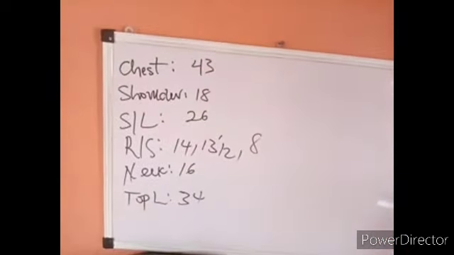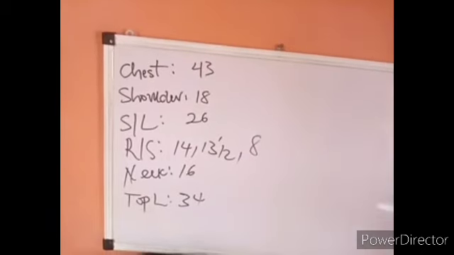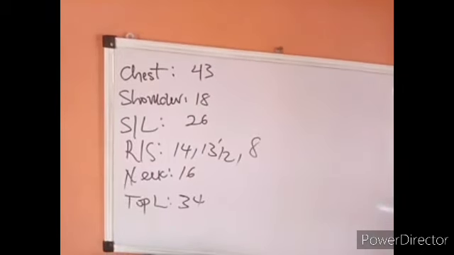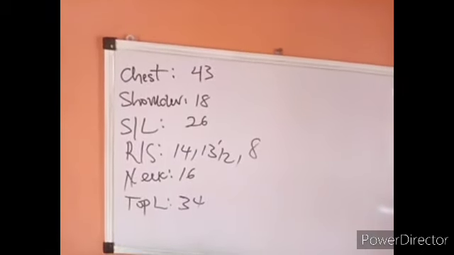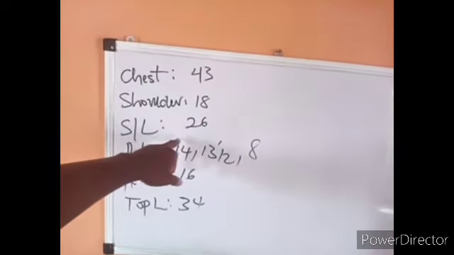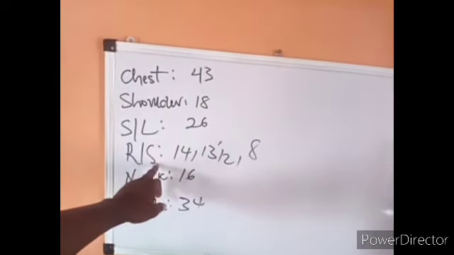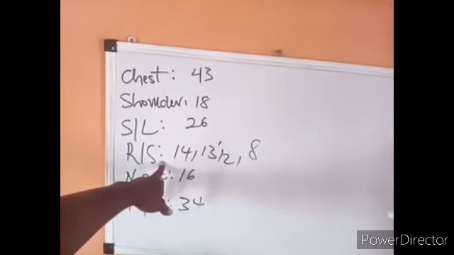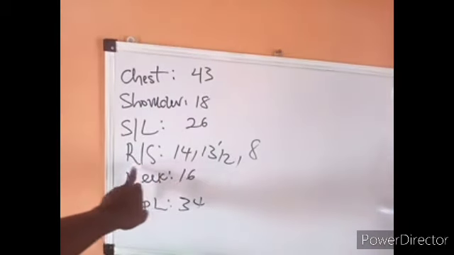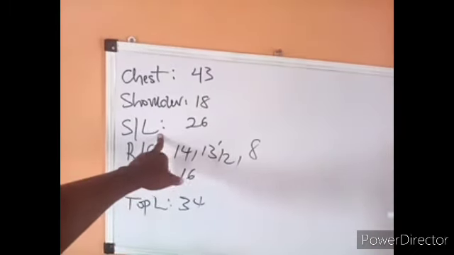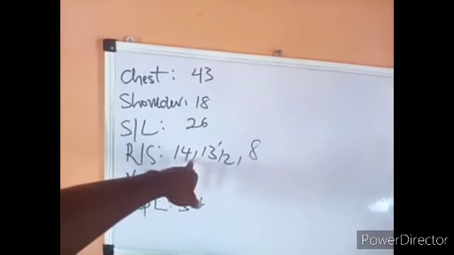Alright, so right here on the board, I have my client's measurements: chest of 43, shoulder of 18, sleeve length, that's SL, sleeve length of 26, round sleeve. Now, this round sleeve, it's having 3 values because we are having the sleeve length of a long sleeve. If it was to be a short sleeve, we are going to have 1 round sleeve.